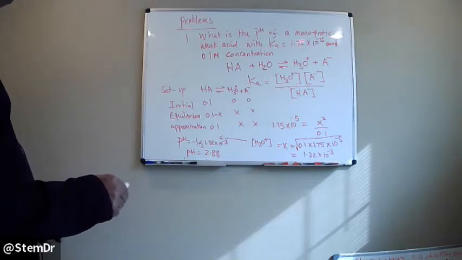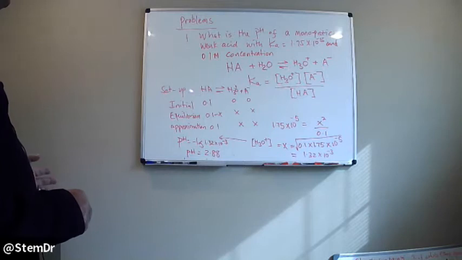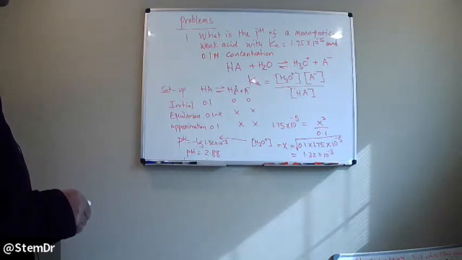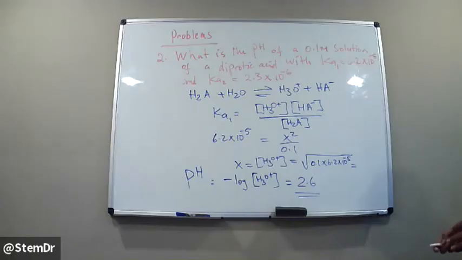So any of these values can be calculated using this general strategy. Now, we'll be solving other problems, and we'll continue with problem 2, doing some problems in acid base. The pH of a weak acid would be calculated.